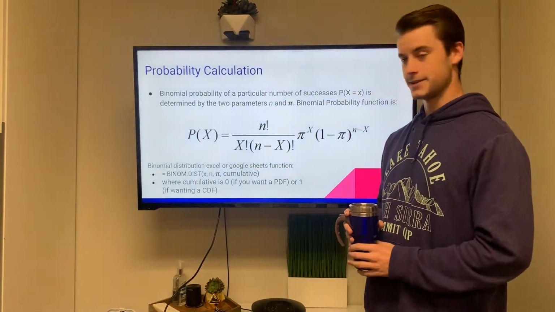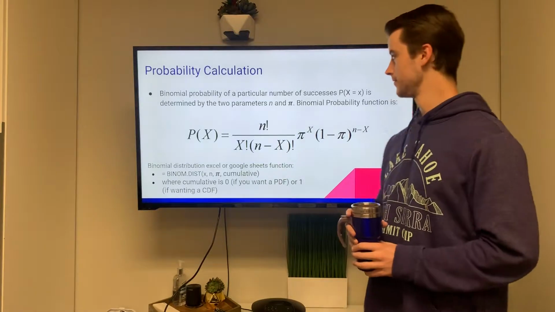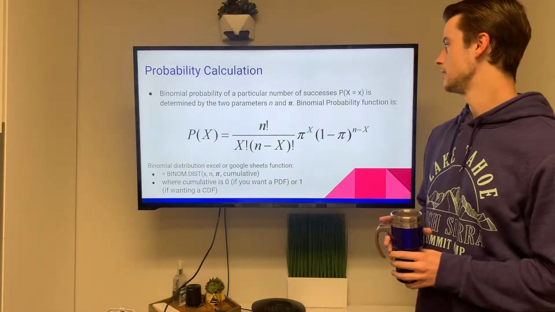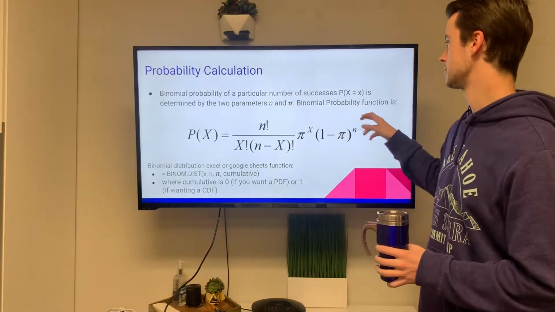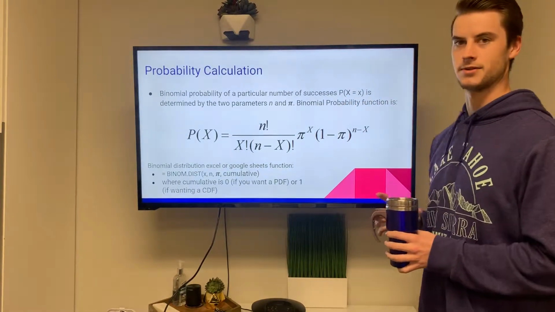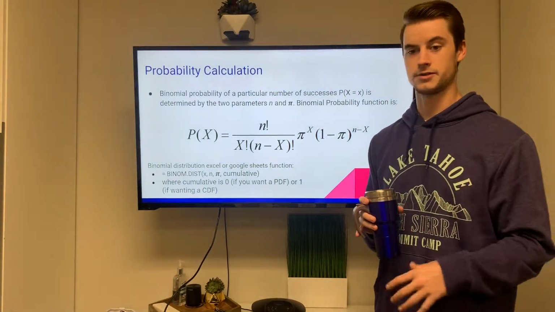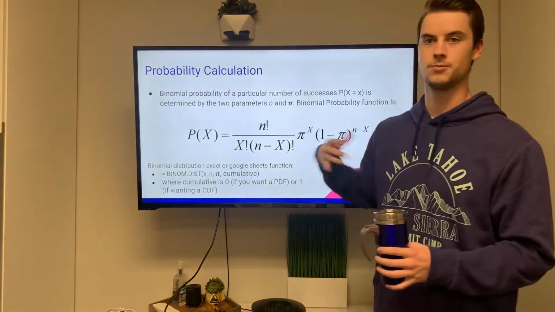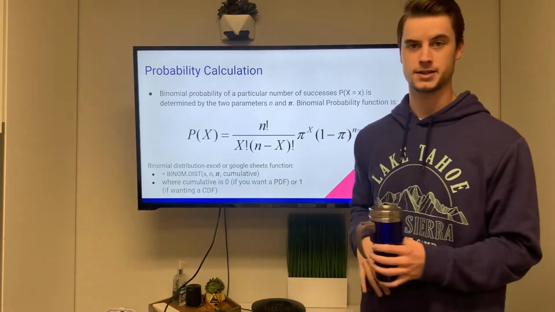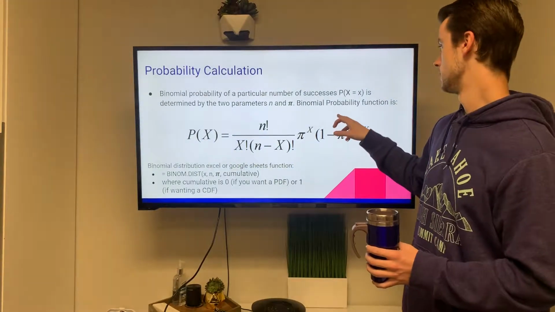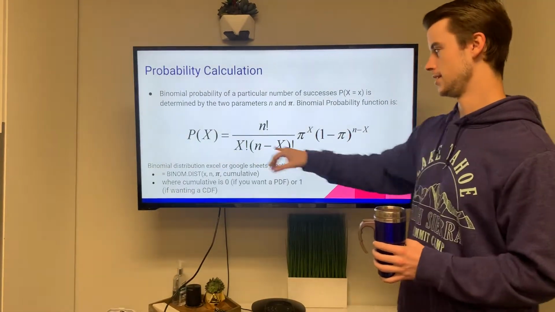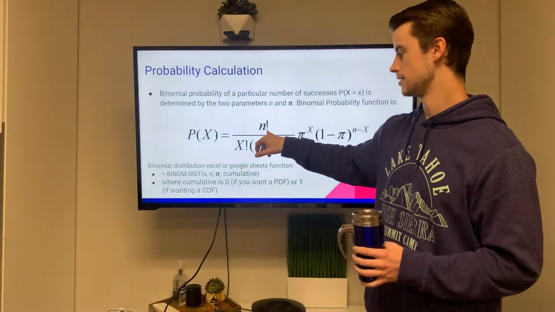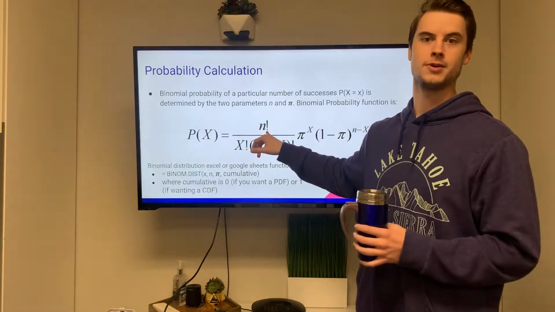This looks scary, I know, but it's going to be fine. So the binomial probability of a particular number of successes, the probability that x equals a certain successful outcome, is determined by the 2 parameters n, our number of trials, and our chance of success, pi. The binomial probability function has n with an exclamation point. No, he's not screaming the number of times.